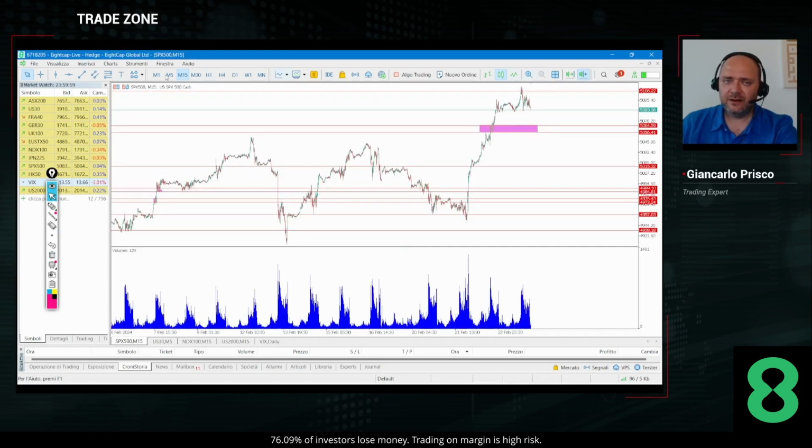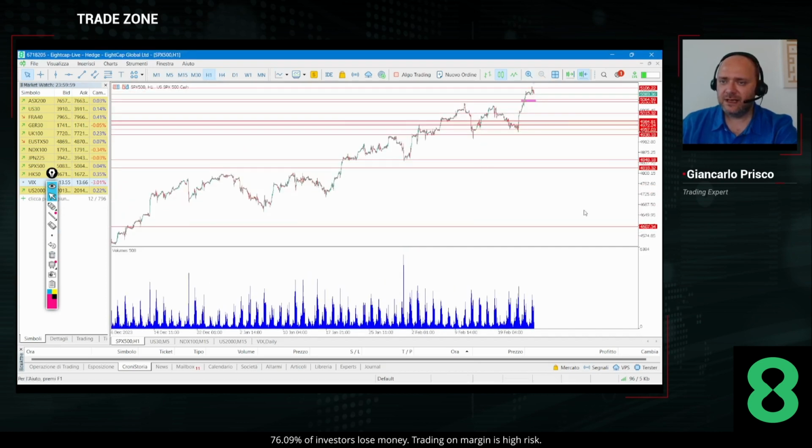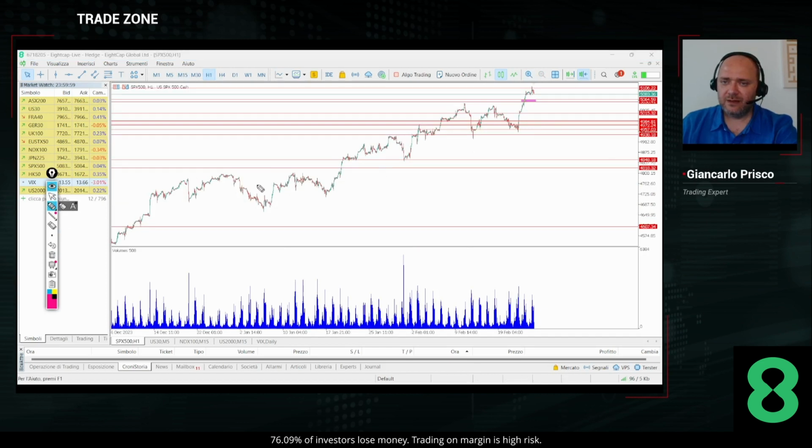If we take a look at the 1-hour chart, we see that the big movement is in a super bullish context, because any uptrend creates an accumulation phase, another uptrend, accumulation phase, another uptrend. Probably we can retest the 5,000 level, but not see something more.